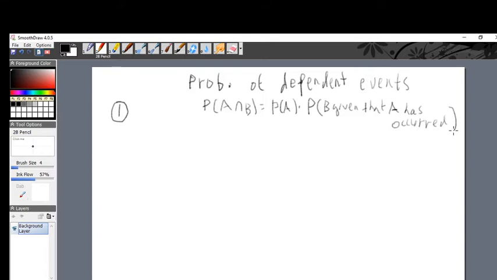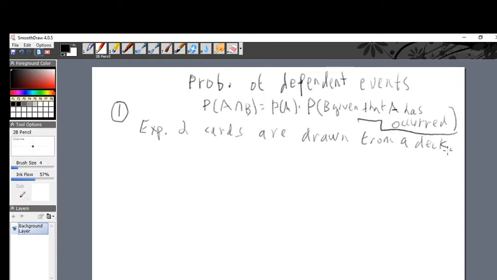Okay, so here's the problem. Two cards are drawn from a deck. Now here's the key over here: without replacement, meaning after you take the first card, you don't replace it.